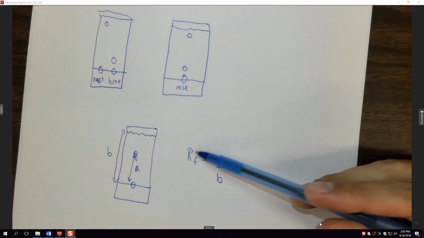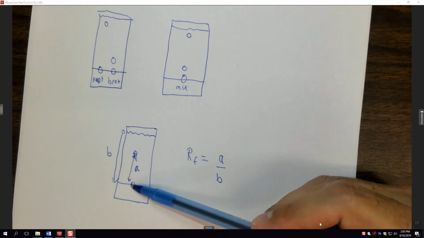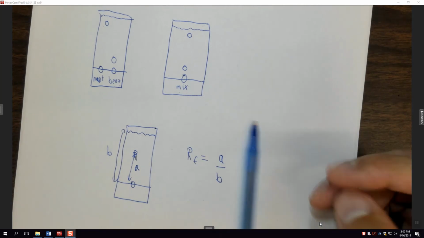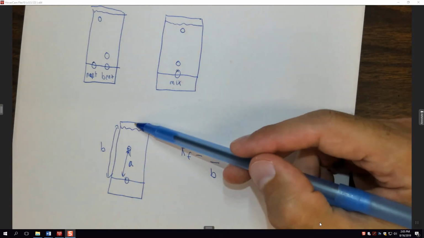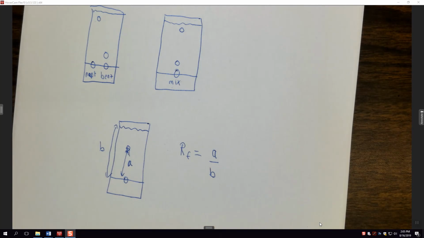So in this case, you get RF equals A divided by B, and it's always going to be between 0 and 1. If the spot doesn't move at all, it's 0. If the spot moves as far as the solvent front, it is 1. Note that the spot can't possibly move farther than the solvent because the solvent is what's drawing it through the TLC plate. So you're going to calculate these RFs for A divided by B.